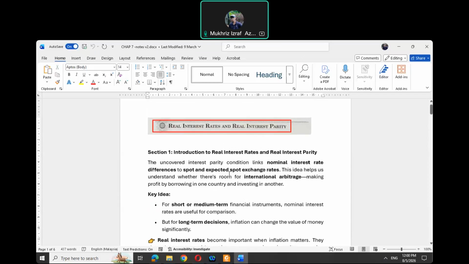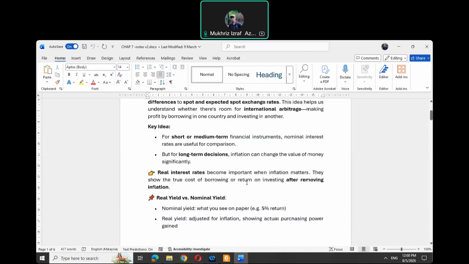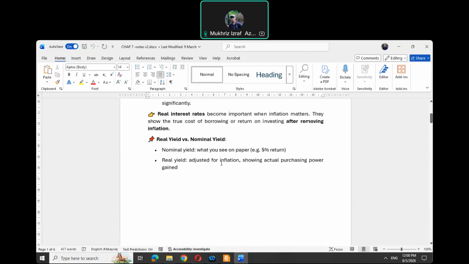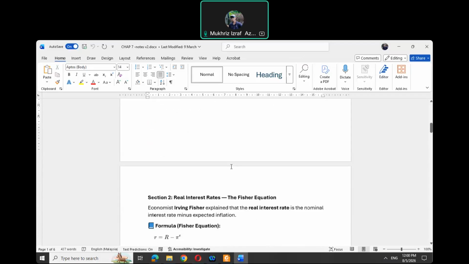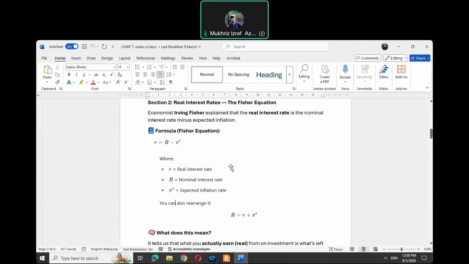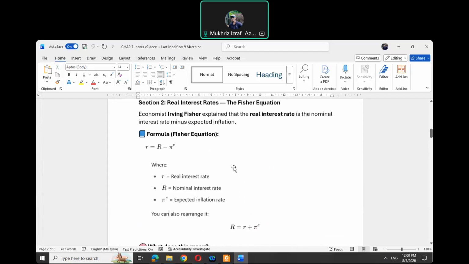Okay, so what is real interest parity? As I mentioned just now, nominal versus real. By now you should be able to distinguish between these two terms. When it comes to the application of the real interest rate, it's just taking into account inflation.